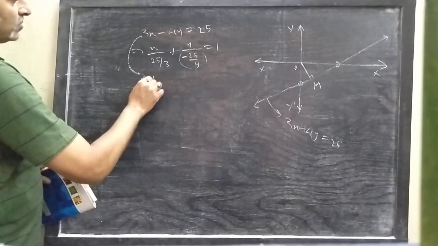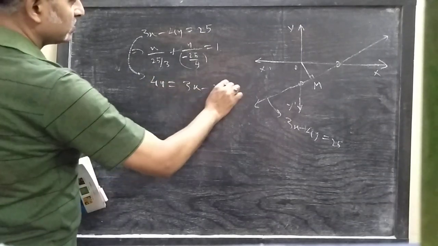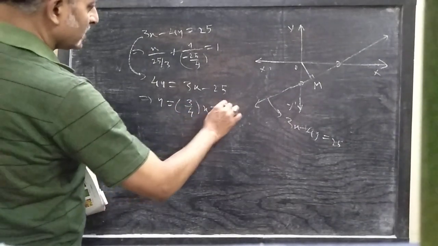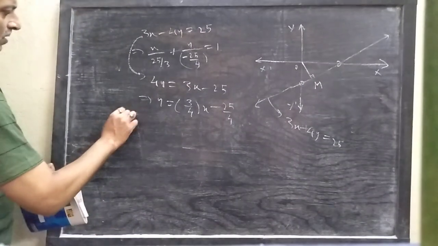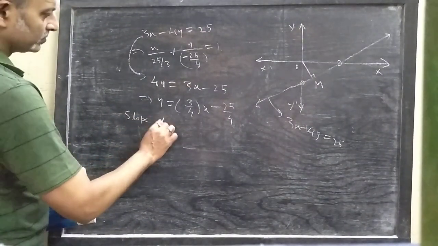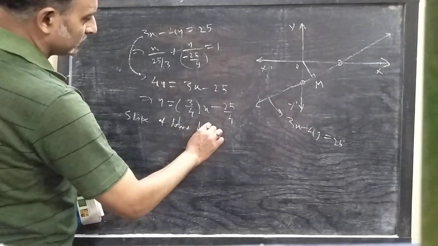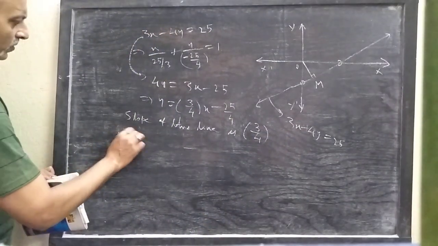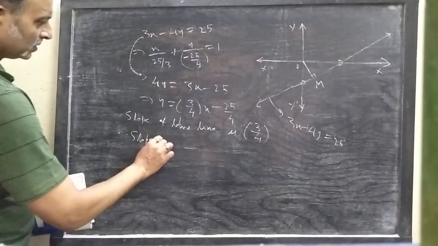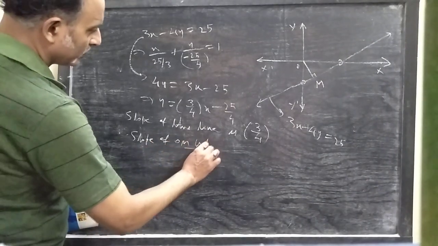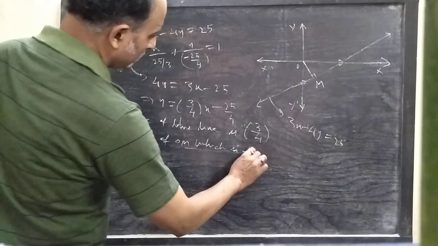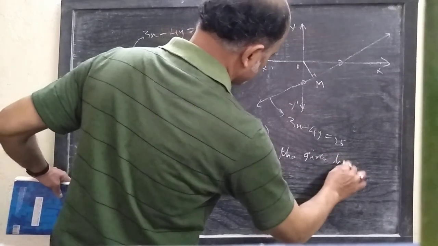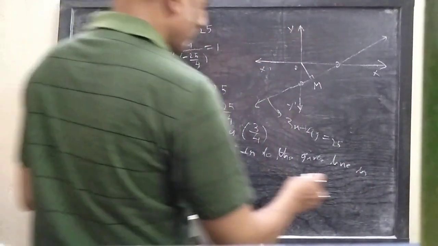We get 4y = 3x - 25, that is y = (3/4)x - 25/4. So the slope of this line is 3/4. Therefore, the slope of OM, which is perpendicular to the given line, is -4/3.